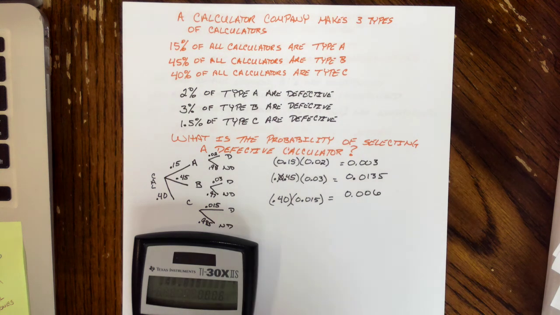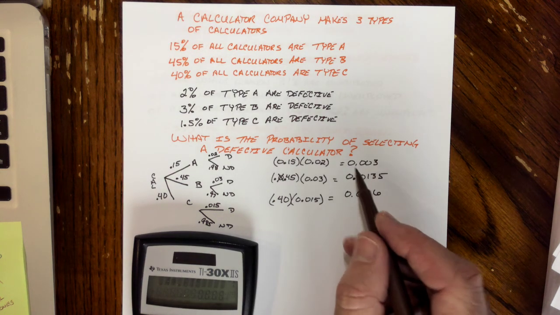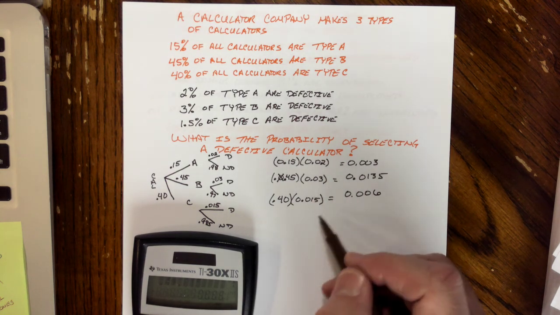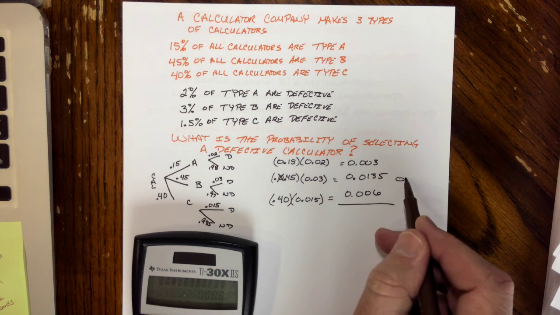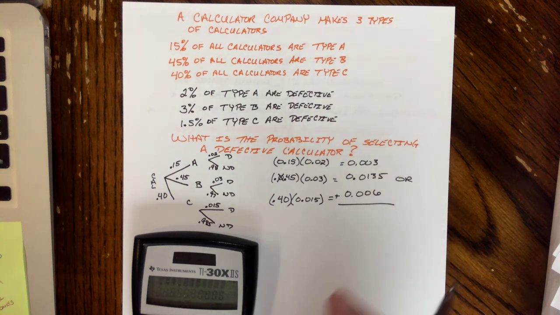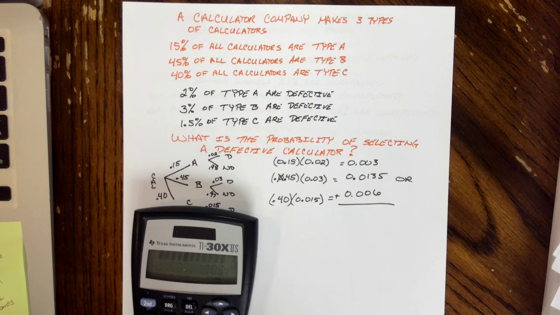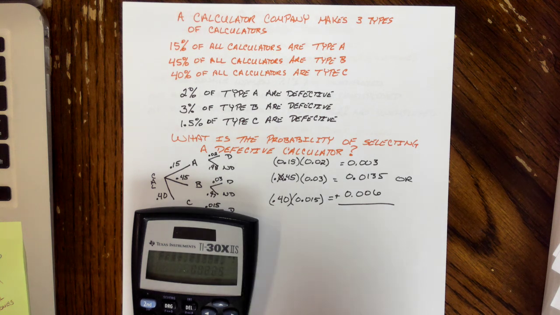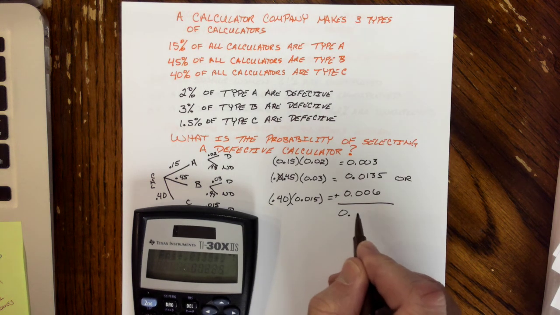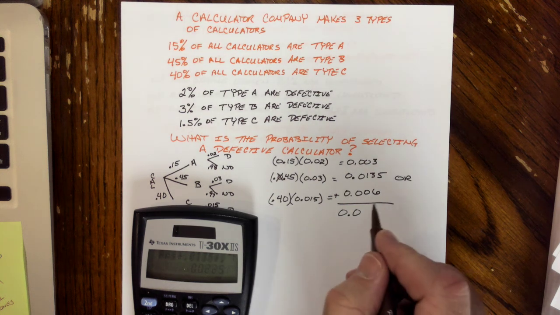It doesn't matter what brand gives us one. We're not assuming. We're saying we want a defective one, so it's an OR. When we get to this point, we add everything up. And we come up with an answer of 0.0225.